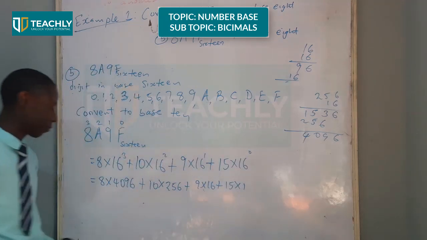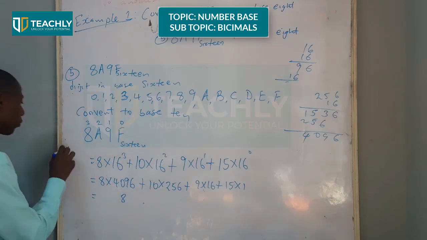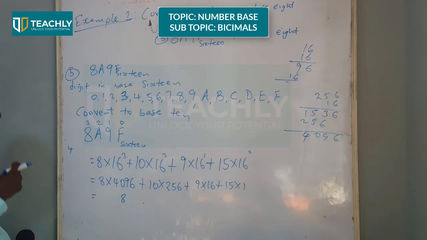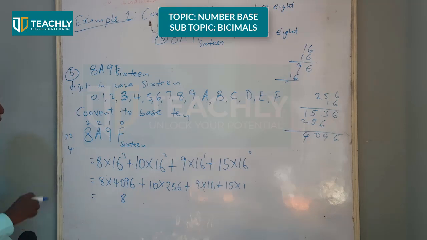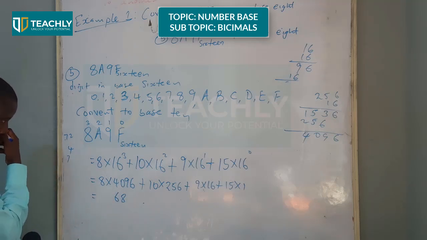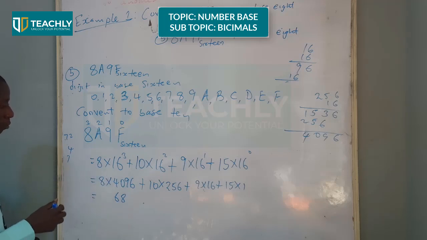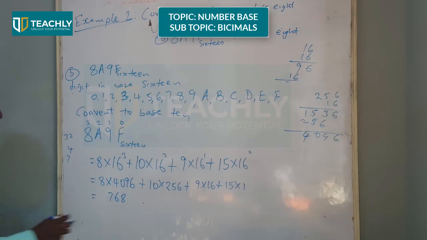Now we can multiply. 8 times 6, we have 48, we keep 4. 8 times 9, 72, plus 4, that is 76. You keep 7. 8 times 0, 0, that is 7. 8 times 4, 32.